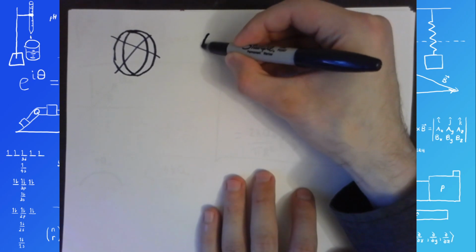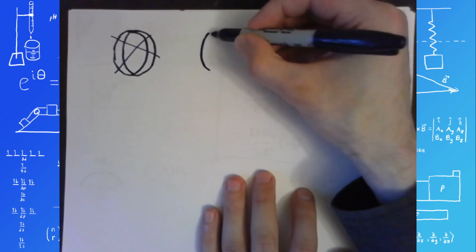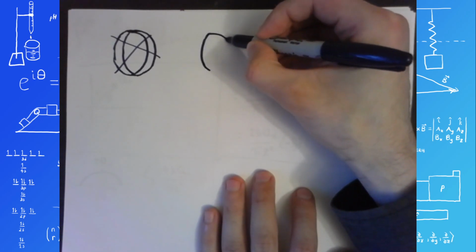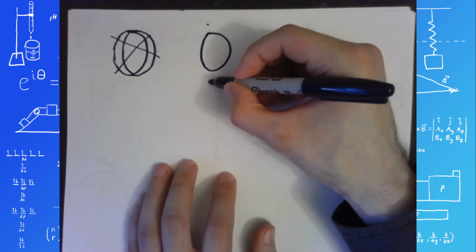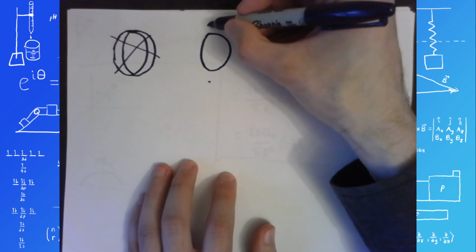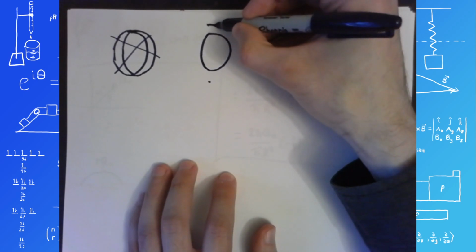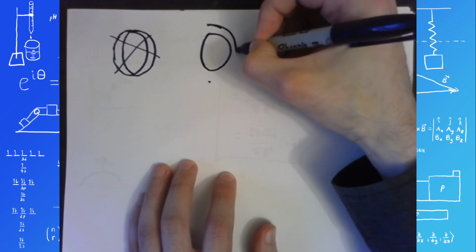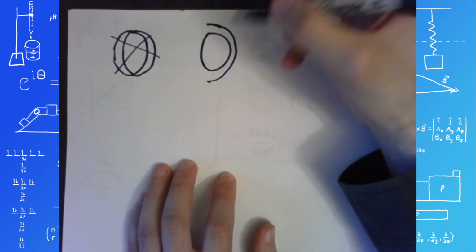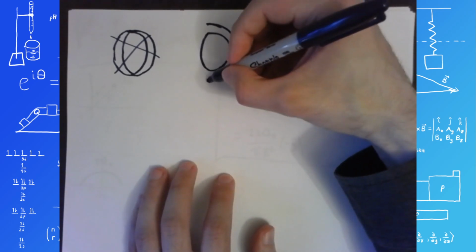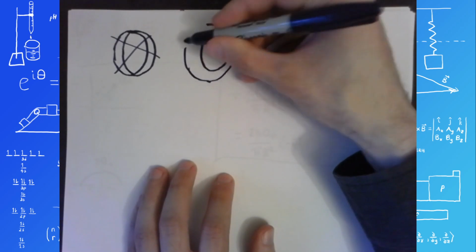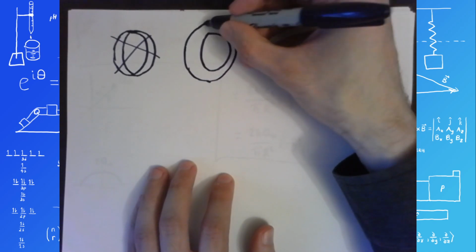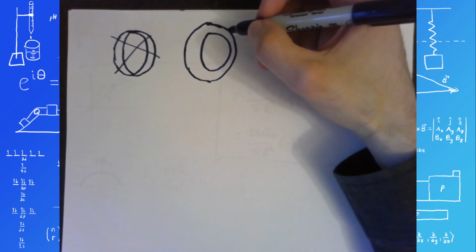So, sharper arc there. Something more circular there. And then something like this.